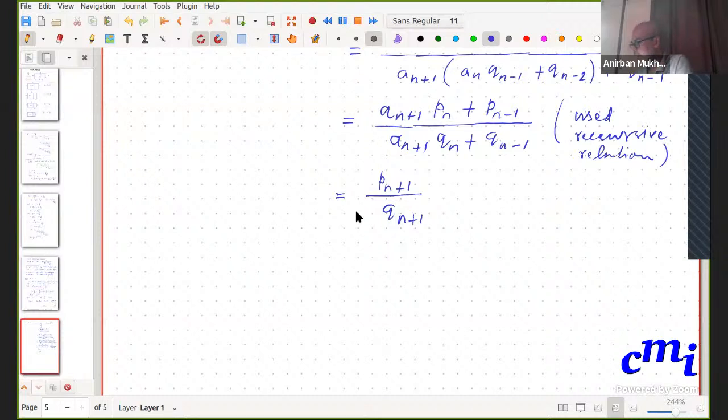This book of Hardy and Wright lists all of these things as theorems, small theorems.